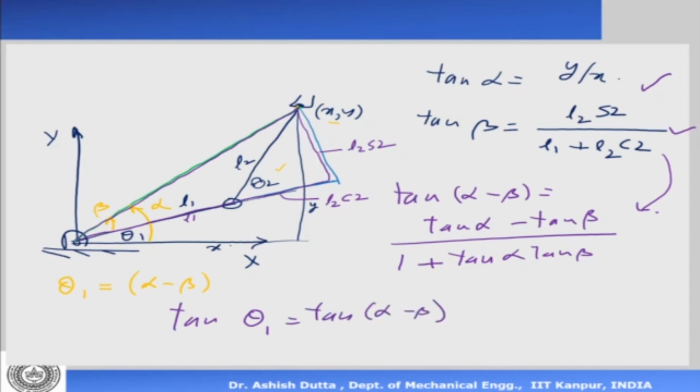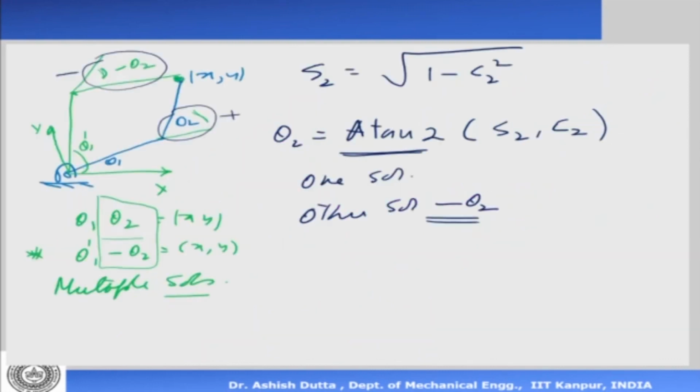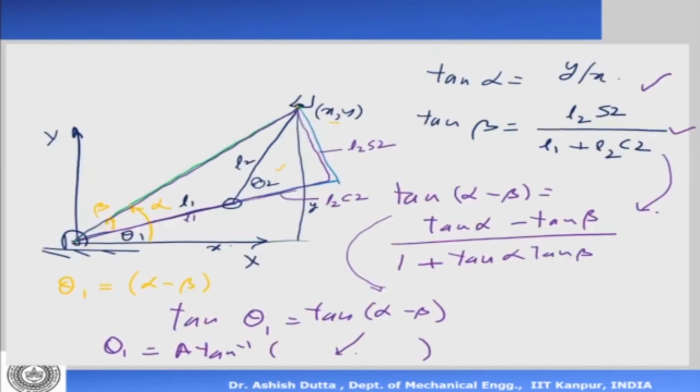I can take the arctan of this and find theta 1. So now we have found theta 2, and I'm also able to find theta 1. This is basically showing the inverse kinematics of a 2-degree of freedom system.